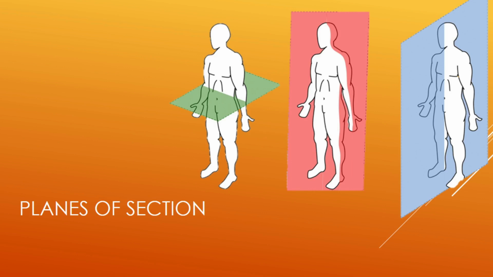Next, we're going to talk about the planes of the body. So there are three main planes of section that we'll be constantly referring to during your studies. So the first one is the transverse plane. This is shown on this cartoon here.